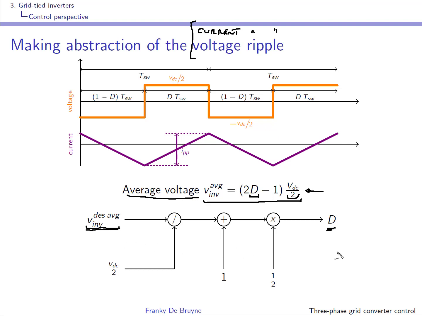In what will follow, we'll kind of forget about this duty cycle. We'll work with a controller, and this controller will have as output the average desired voltage.